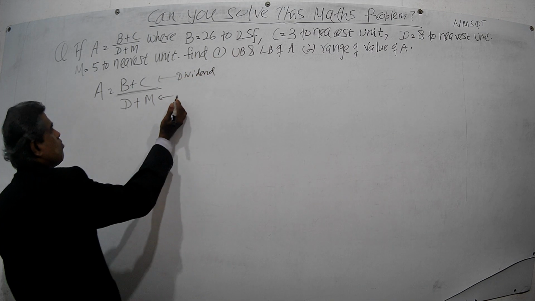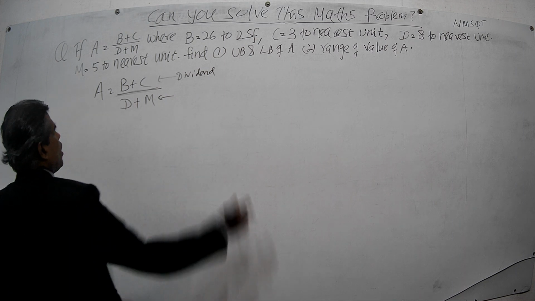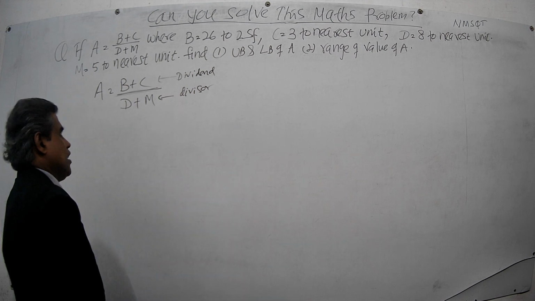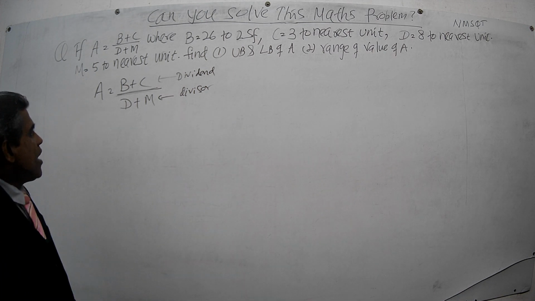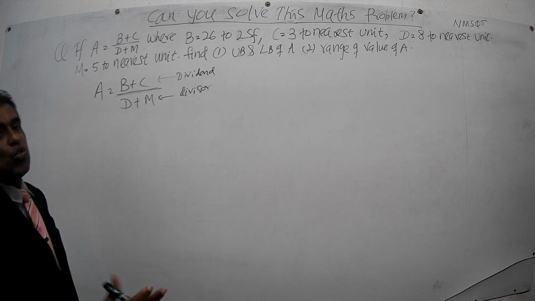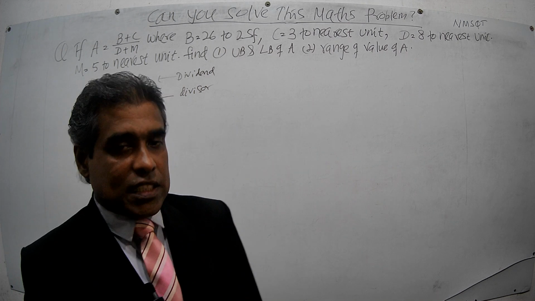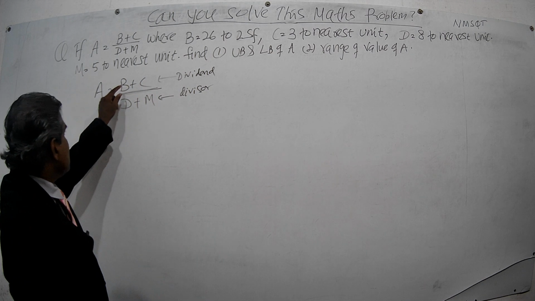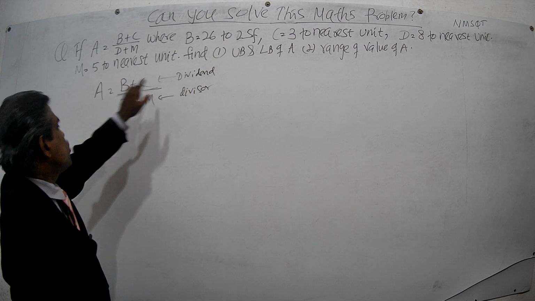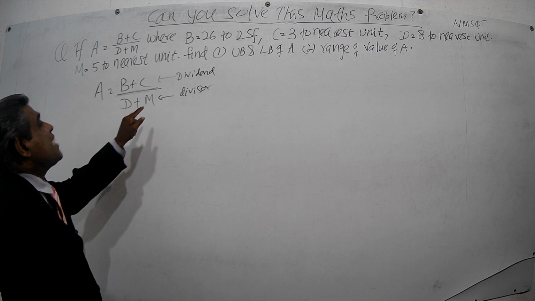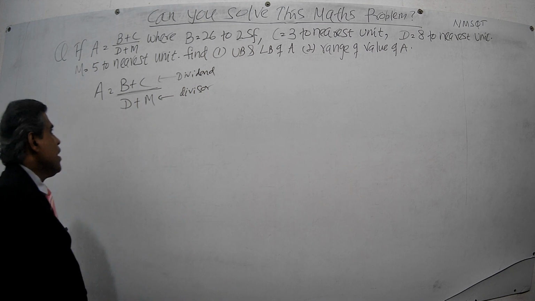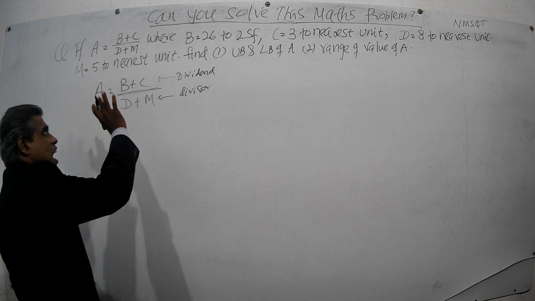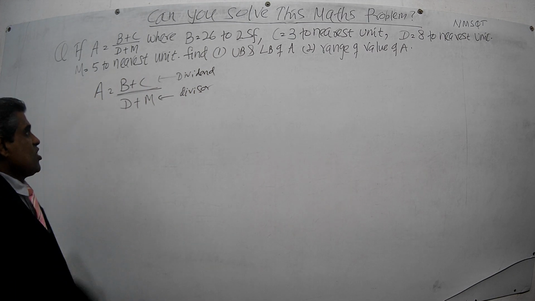Then the statement below at the bottom is called the divisor. When the dividend is divided by the divisor, you get an answer that is called the quotient. Here, A is the answer after dividing this block B plus C by this block D plus M. Therefore, A is the quotient of this division, right?